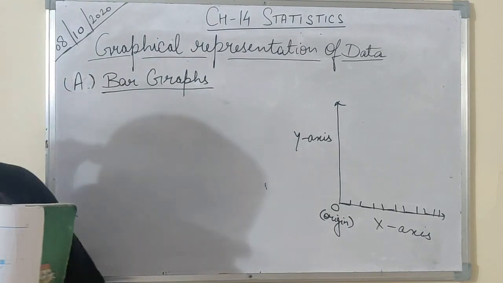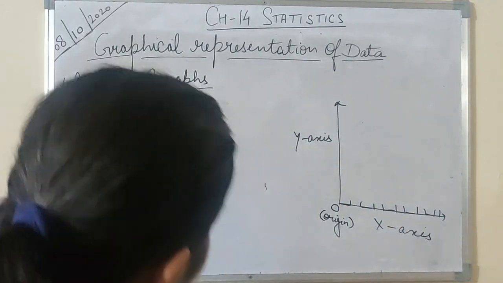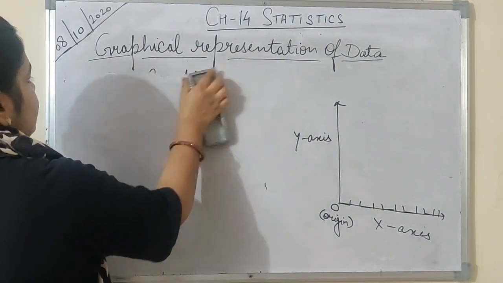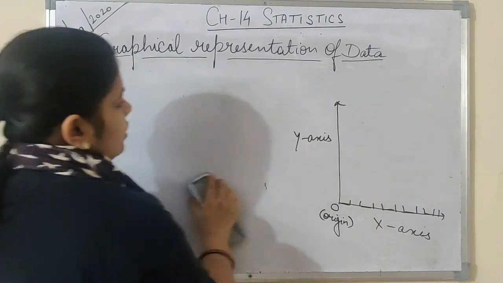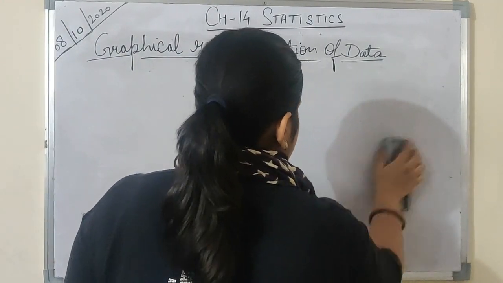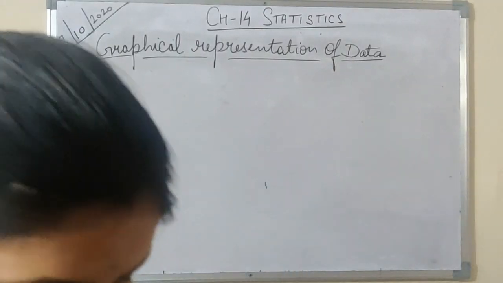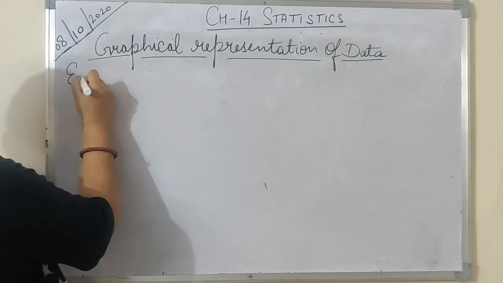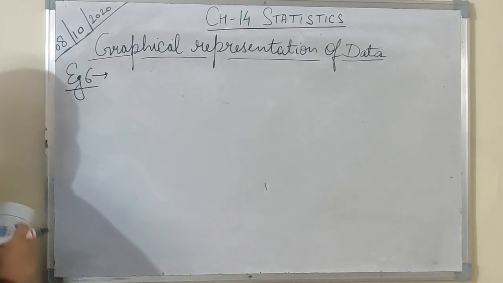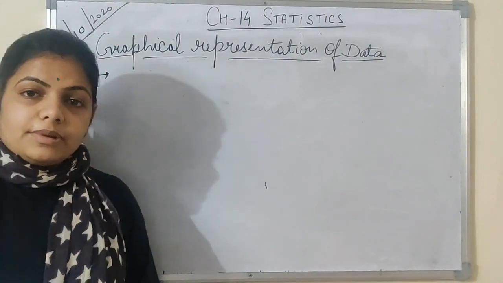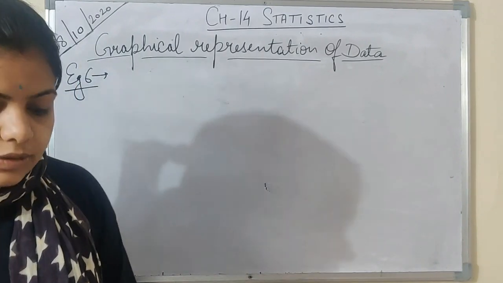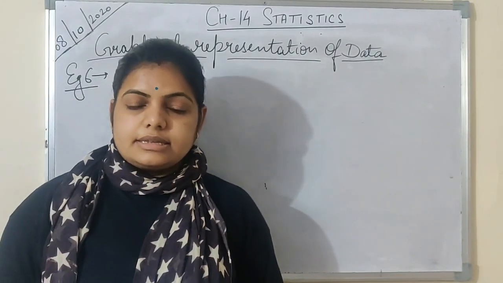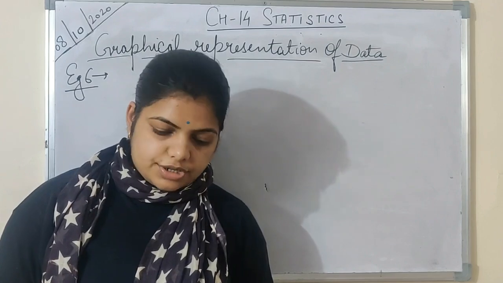Now, in example number 6, I hope this is clear to all of you. In example number 6, some information is given to you, and in this example you have to make the bar graph yourself.